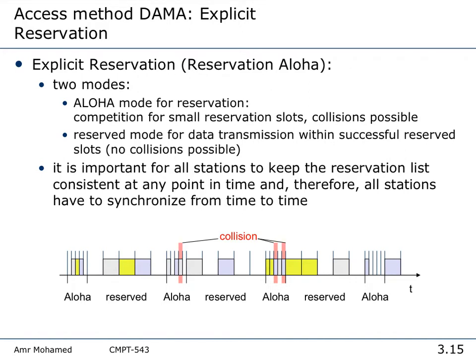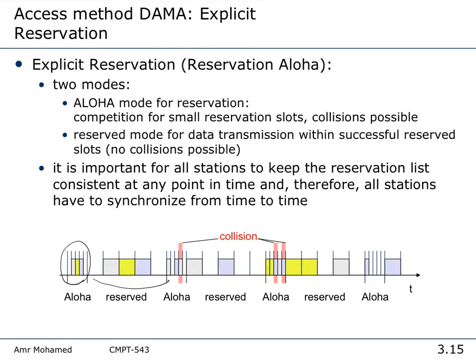The first, explicit reservation, or what we call dynamically assigned slots. In that case, we have two phases. Each big frame is divided into two phases.